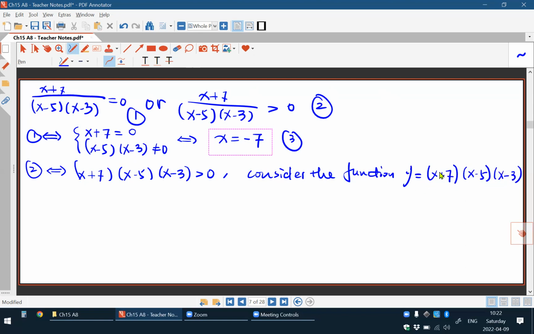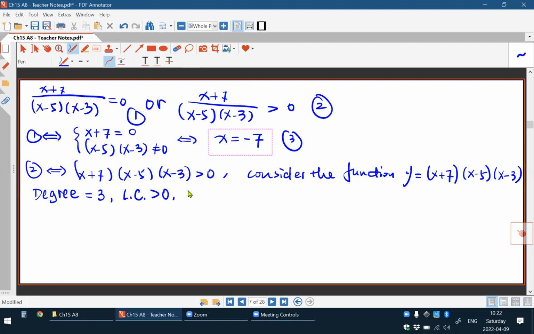Actually, this is a polynomial function. First, let's find its degree, which is the highest order of x, which is 3. And the leading coefficient is 1, 1, 1, which is greater than 0.